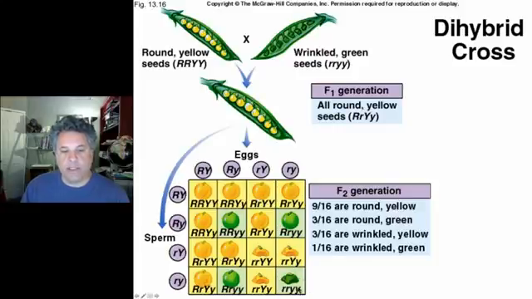We see that only 1/16 of the progeny will be doubly recessive, homozygous, because that would result only when a little r, little y egg was fertilized by a little r, little y pollen or sperm. And that would only represent 1/16 of the progeny.